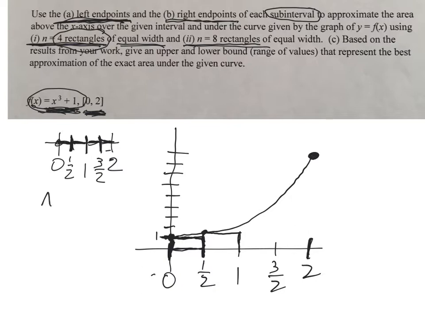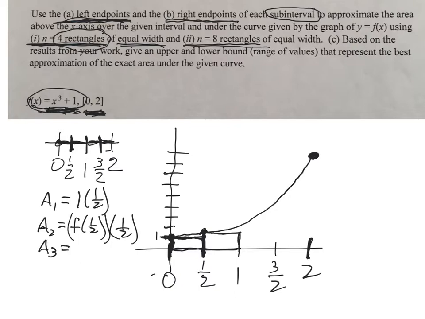So let's see, I guess we should start writing out area of the first rectangle would be what? Length times width. Length would actually be f of 0, which we already said was 1. Area of our second rectangle, well, we'll calculate this here in a little bit, but the length will be the function value when x is 1/2, and then times the width. Again, the width is going to be 1/2.